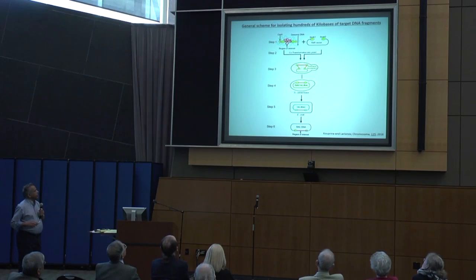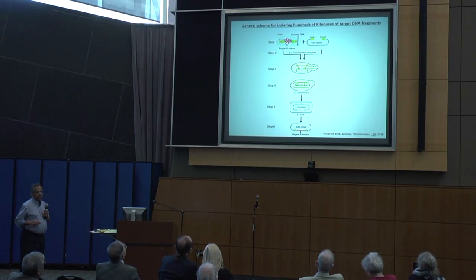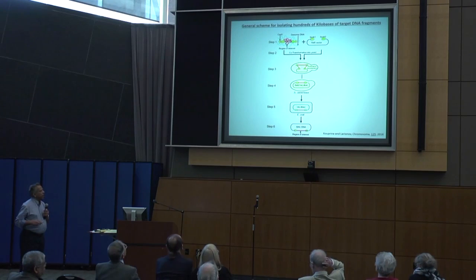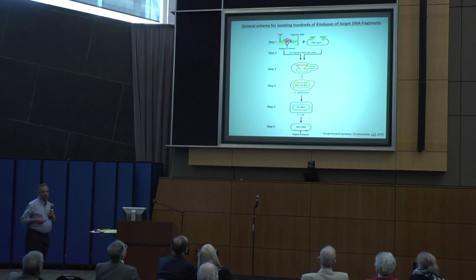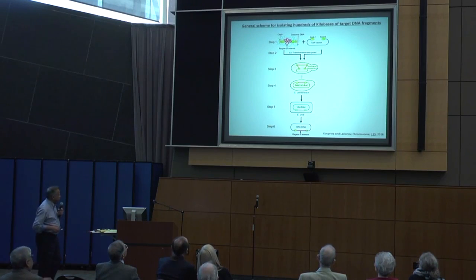This vector also has a property that it can exist in the yeast cell as a circular molecule, and it can be moved into bacteria eventually, where it can be amplified, and you can collect the DNA and then do further analysis that we want to do.